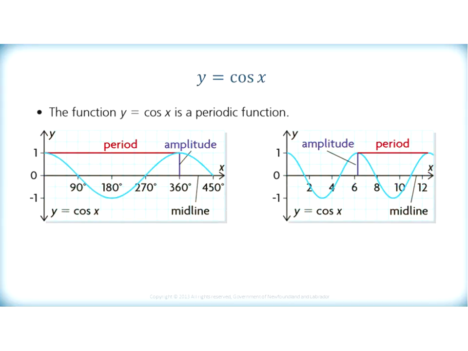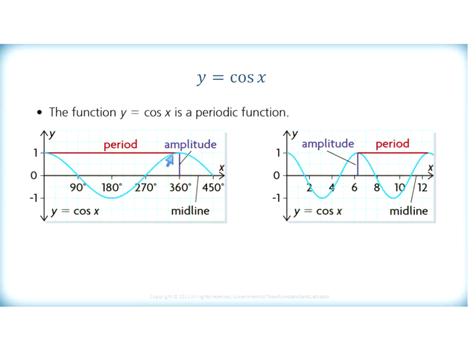So let's have a look at another sinusoidal graph, periodic function. The function y equals cos x is a periodic function. In this case, it goes from maximum to midline, back to maximum. So it's a little bit of a different wave.